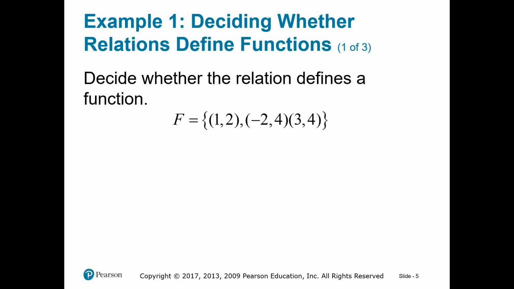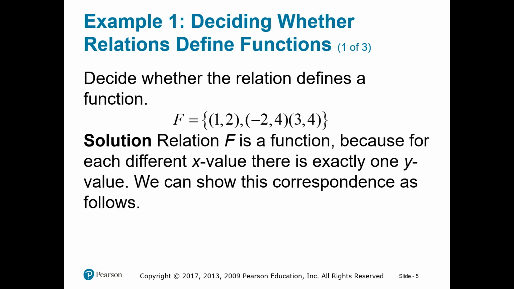What do you think? Is this a function? Okay. You see, the relation f is a function because for each different x value, there is exactly one y value, and you can see that. Right?